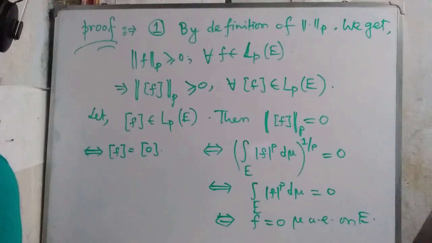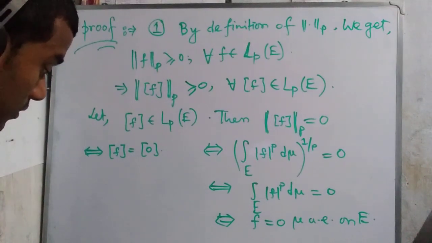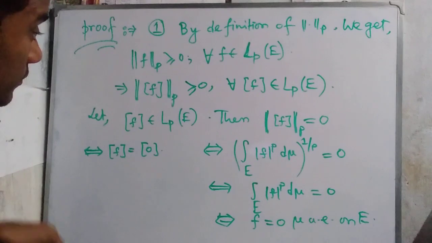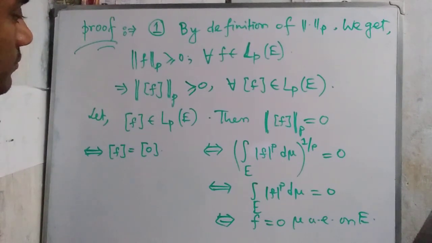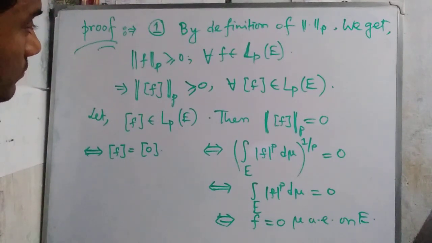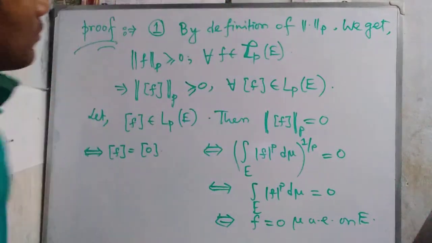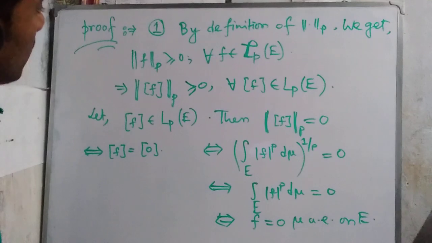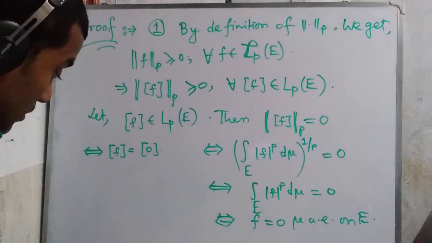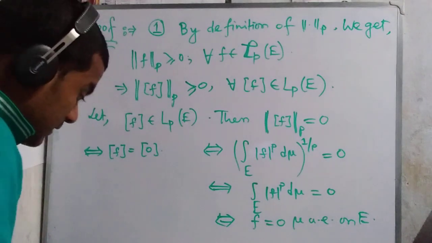Now here f belongs to this one, then not a problem at all. Then it is p integrable functions, and this implies that this one is greater than or equal to 0. Okay, then what happened?